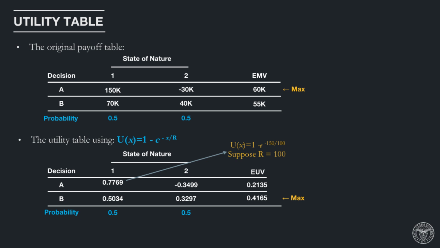Right now, everything will be in the measurement unit of K, so that for the first decision A in state 1, we have 150,000 in the payoff.